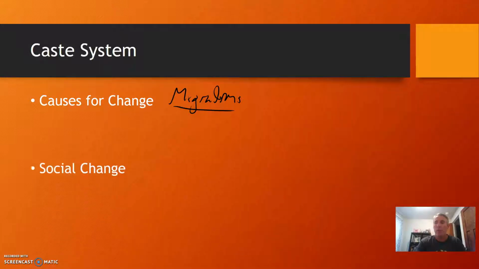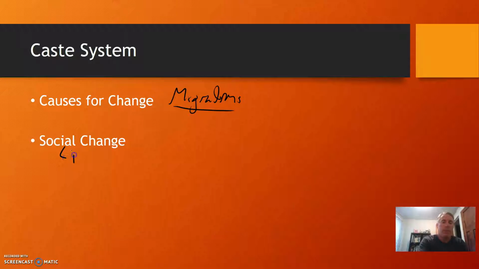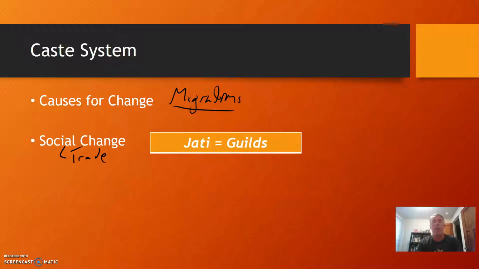You also saw social change. This was largely due to trade. Trade brought an awful lot of economic expansion, and it also brought social changes. People generally identified by their jati, right, their subcastes. This often took the form of worker guilds during this period. So these merchant guilds, they would develop into subcastes.